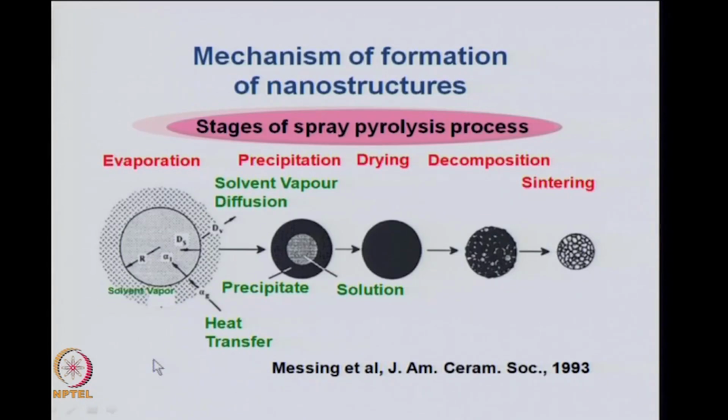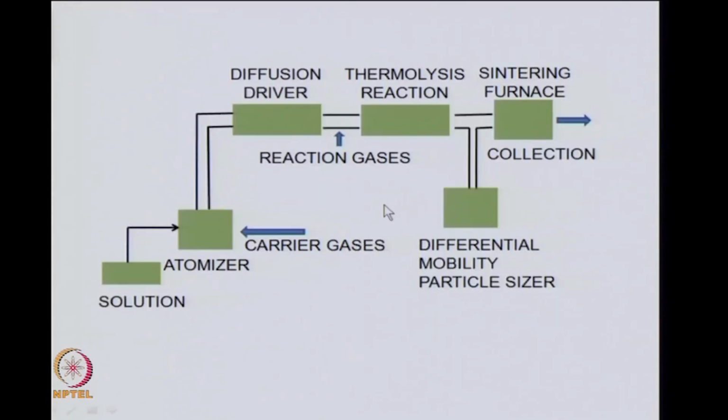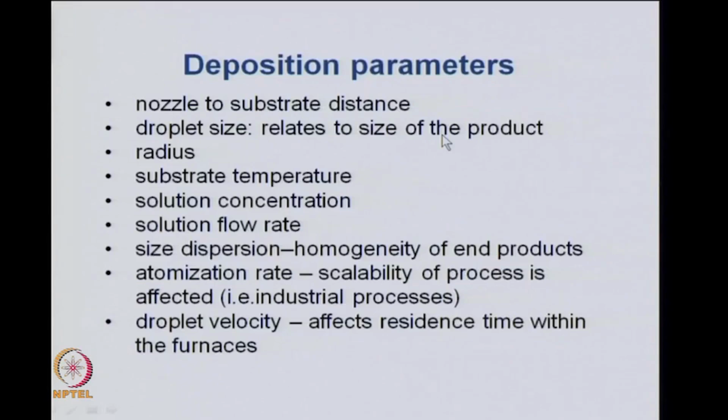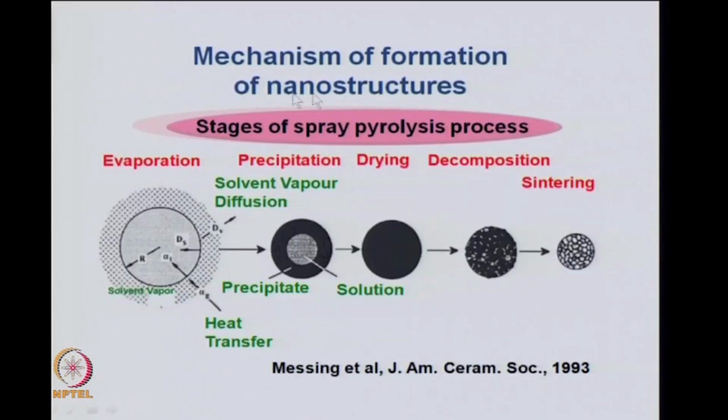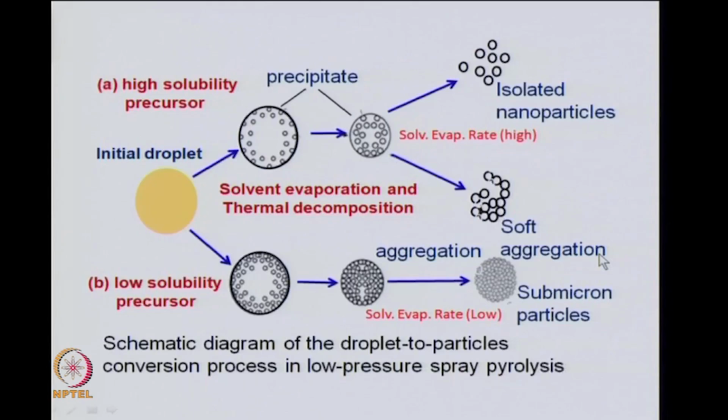So, this is the process which is happening when the droplet has come into the sintering furnace. That is the overall mechanism of how you go from the initial droplets generated by the atomizer in spray pyrolysis to the final particle which is being deposited on the substrate.